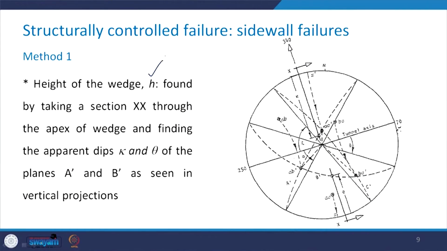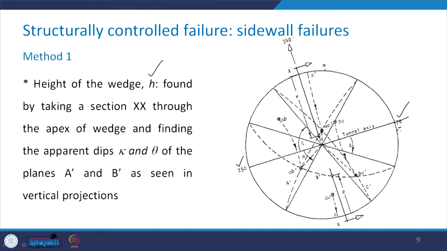So, let us try to see how we can find out the height of the wedge. This can be found by taking a section XX. Take a look at this figure: the tunnel axis is 250 degree to 70 degree.